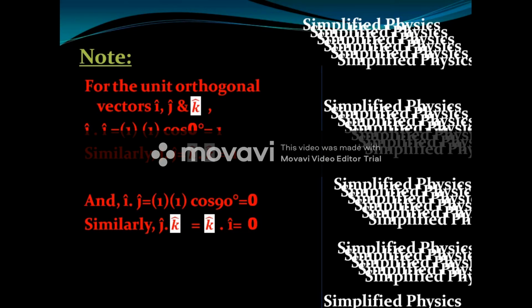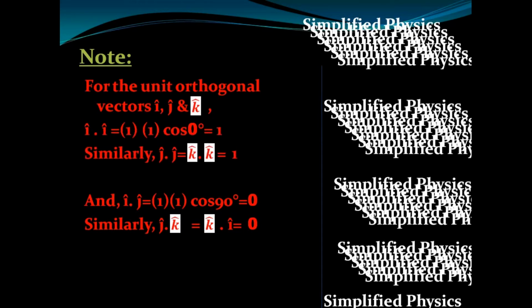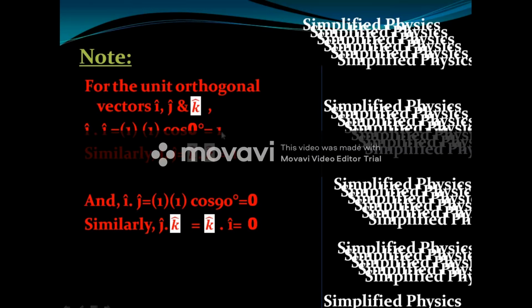That means i cap dot i cap, both have magnitude 1, and cos 0 degrees equals 1, so you get i cap dot i cap equals 1. Similarly, j cap dot j cap and k cap dot k cap equal 1.